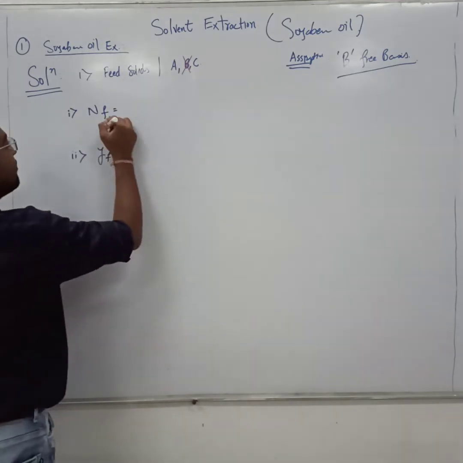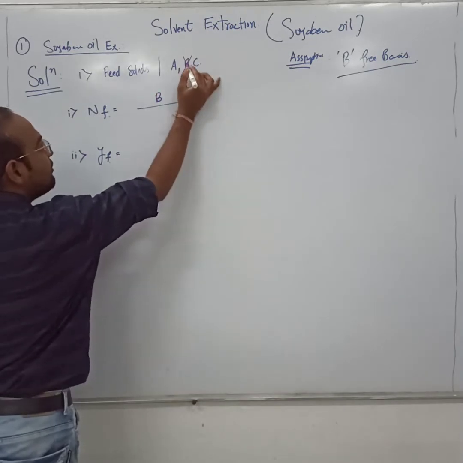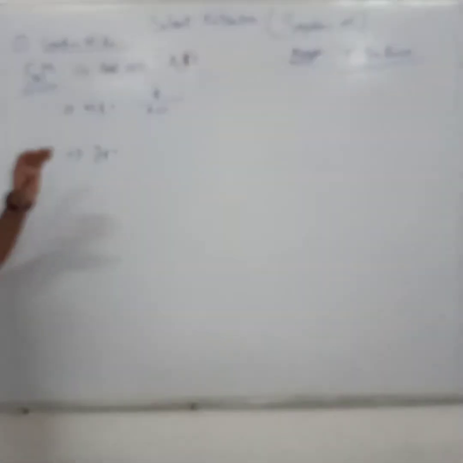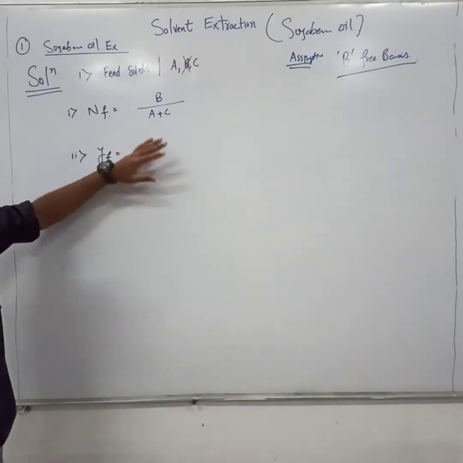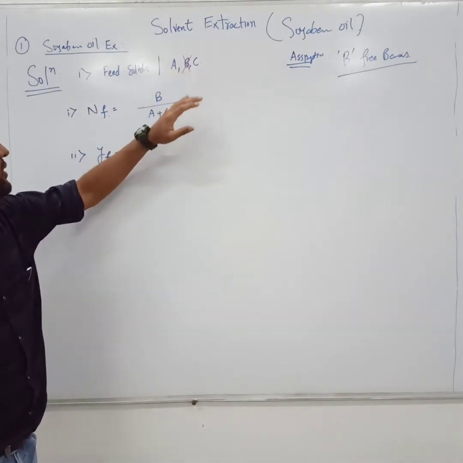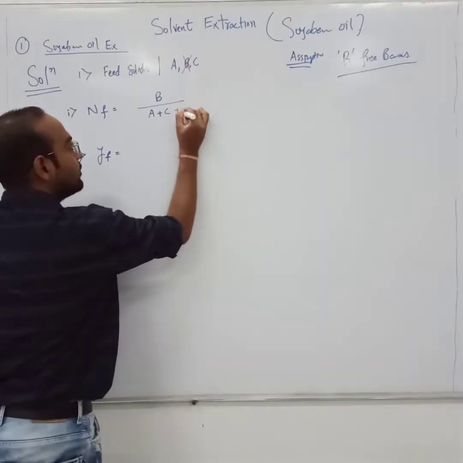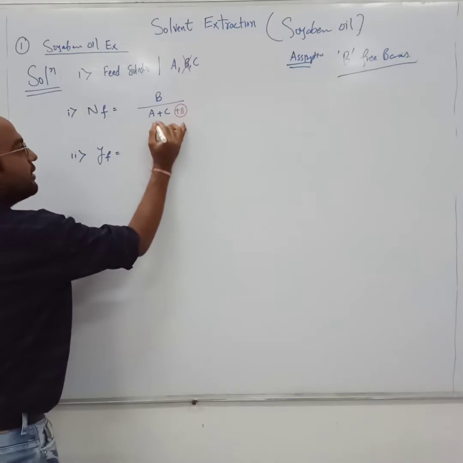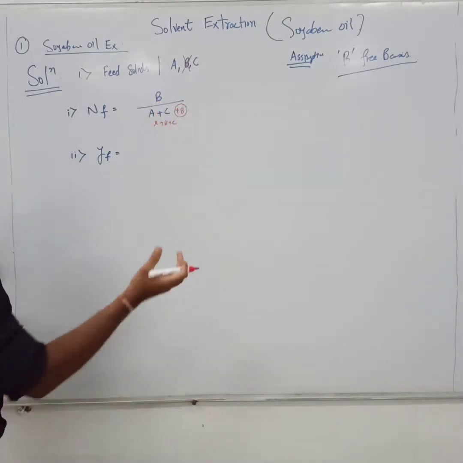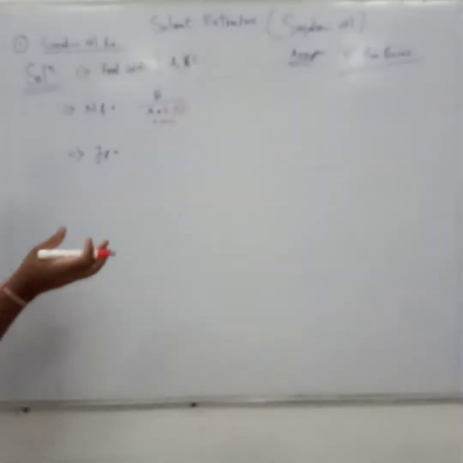So NF means feed, solute fraction means we are talking about feed. Feed means B upon A plus C. If we are calculating things on complete values, then B should be present, meaning we are calculating A plus B plus C, and out of your complete mixture we are calculating the value of B, that is the weight fraction of insoluble solids present in your mixture.